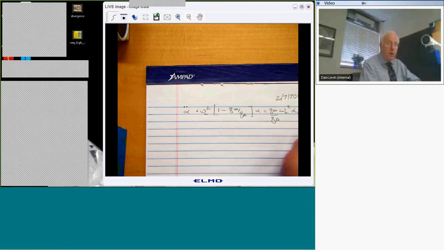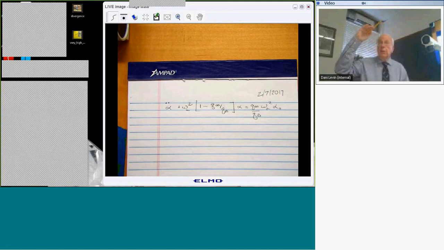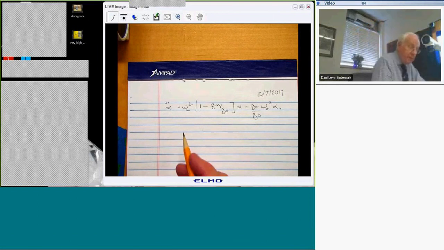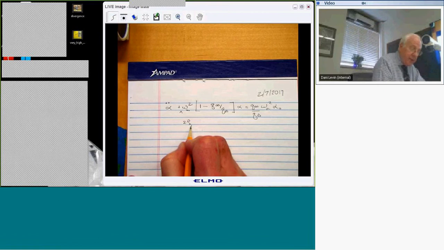Remember, omega alpha is the natural frequency in torsion of my system, and alpha naught is the angle at which the airfoil is placed before the torsional spring twists, right? And just to make life a little more interesting, I'll also put in a damping term, a structural damping term.